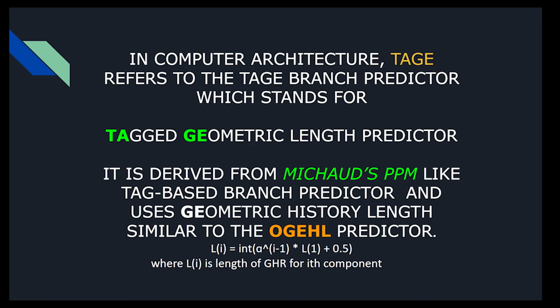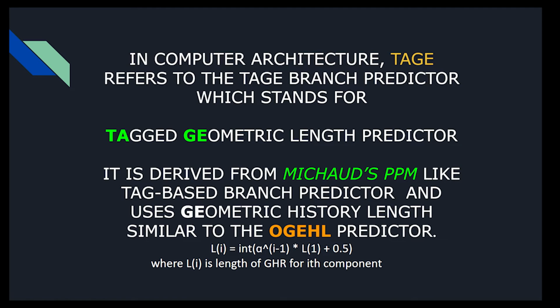In computer architecture, TAGE refers to the TAGE branch predictor, which stands for tagged geometric length predictor. It is derived from a combination of PPM-like tag based branch predictor and also uses geometric history length predictor, which is similar to that of the O-GEHL predictor.